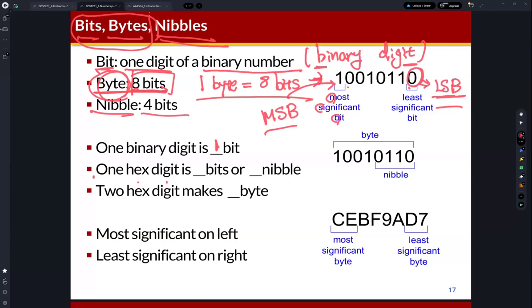How about 1 hexadecimal digit? One hexadecimal digit is equivalent to 4 bits, as we learned, which is also equivalent to 1 nibble. And how about 2 hexadecimal digits? Two hexadecimal digits make 1 byte, equal to 8 bits.